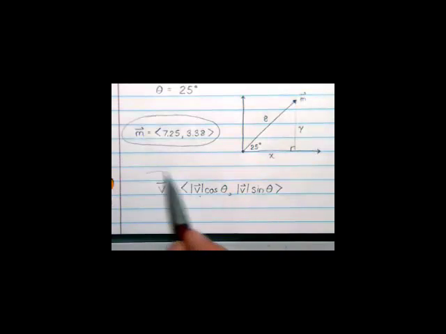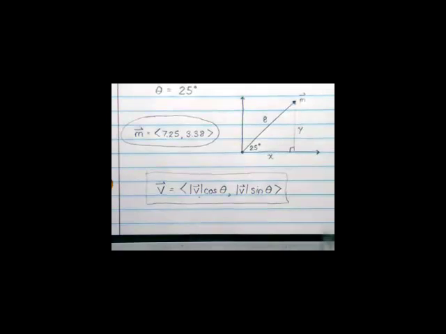In general, that's what you're doing. The first component, the x component, is always the magnitude times the cosine of the direction. The y component, the second component, is the magnitude of the vector times the sine of the direction.